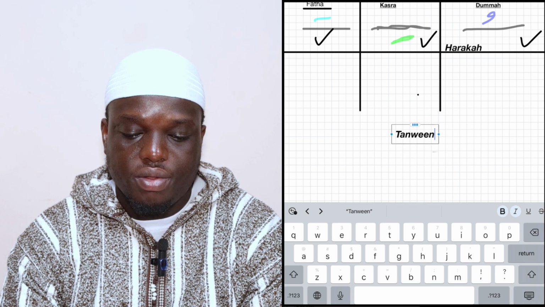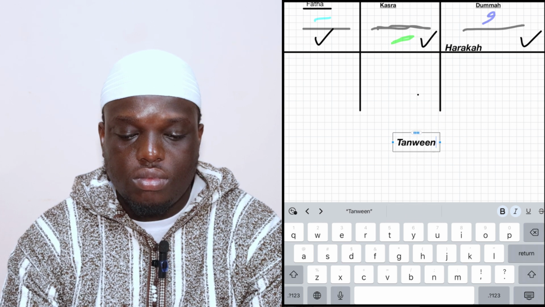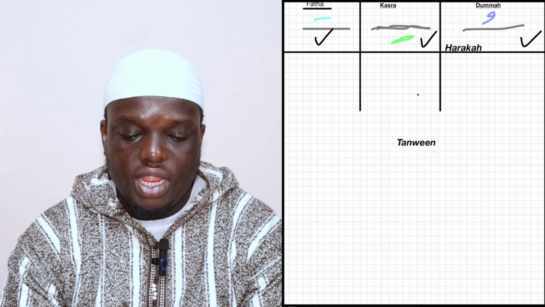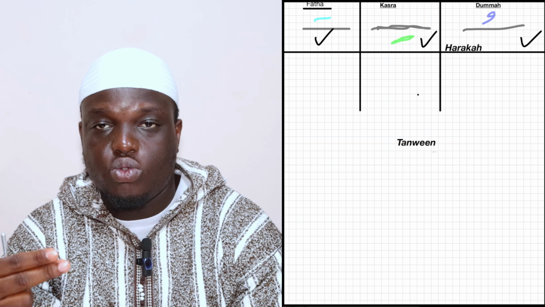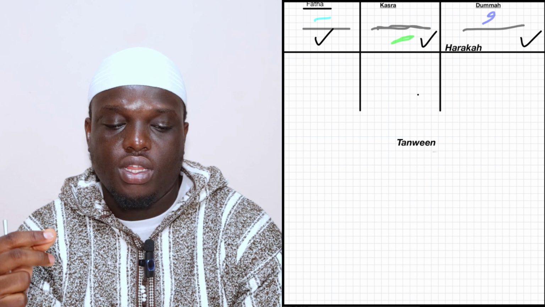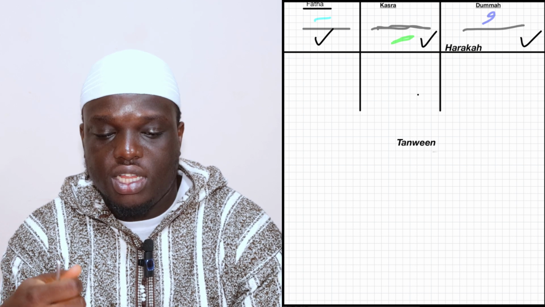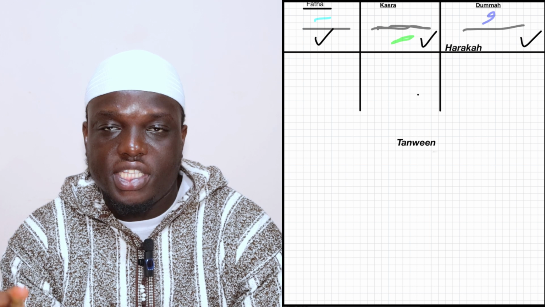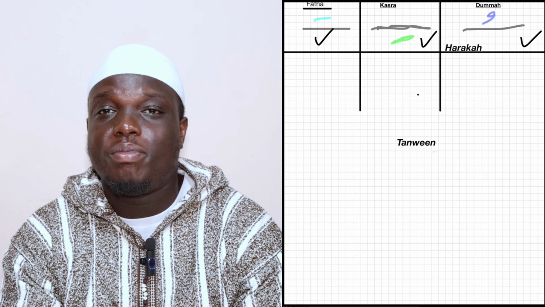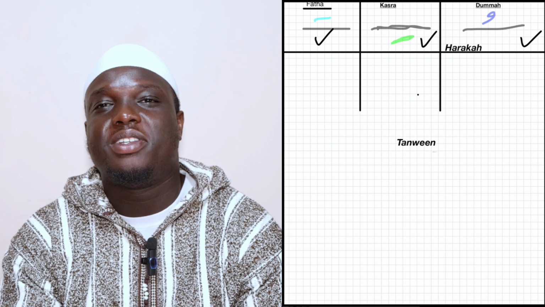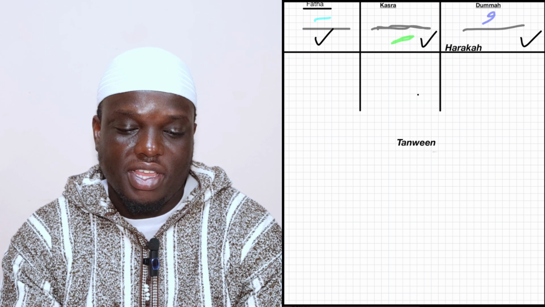Now, what is tanween? The tanween is when we have two fathas on one letter, like a double fatha, a double kasra, a double dhamma. I know you guys are saying, what does that mean? Let me explain that.